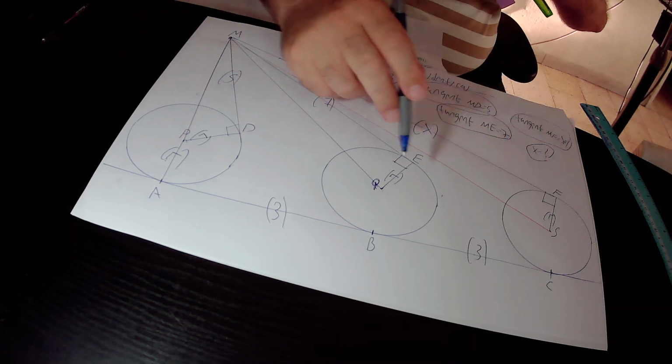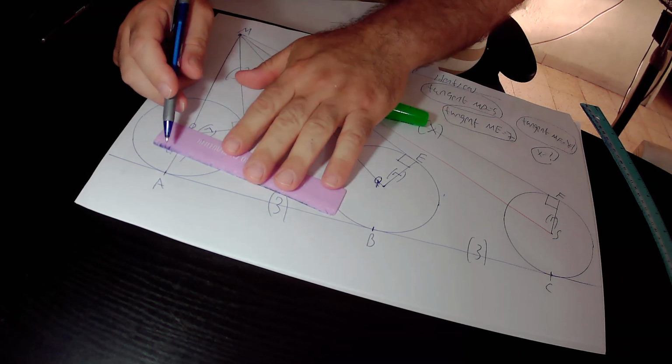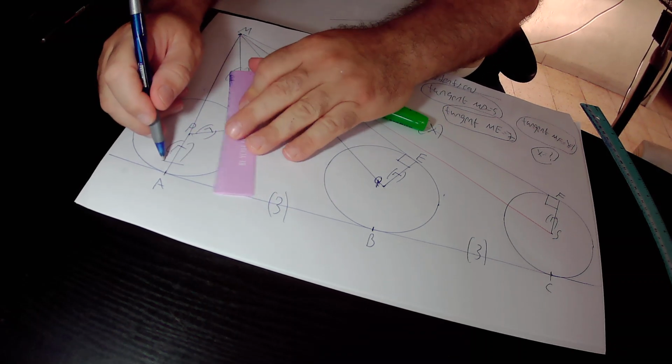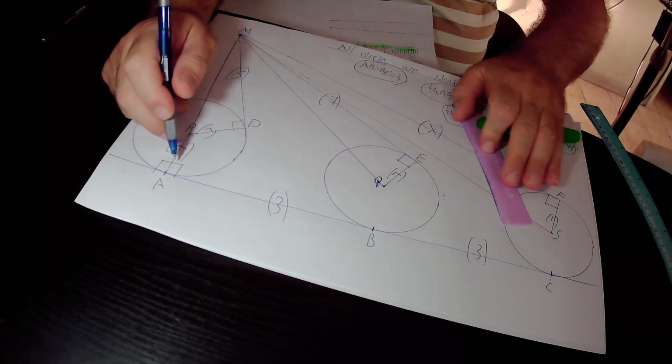If ABC is perpendicular to AP, this angle equals 90 degrees, and this angle also equals 90 degrees according to the same rule, rule 1.